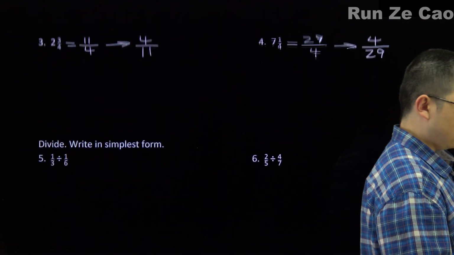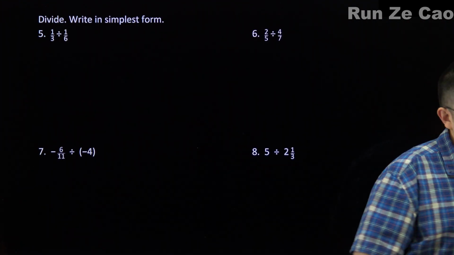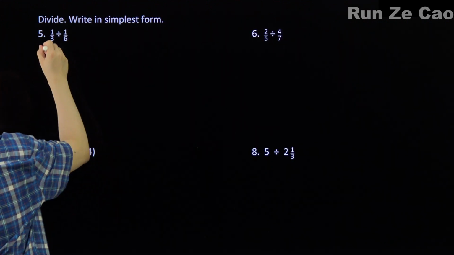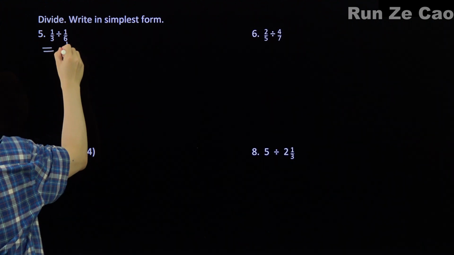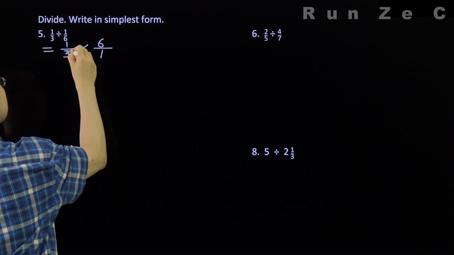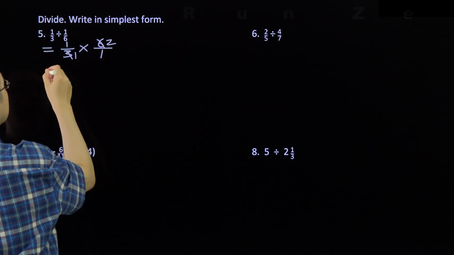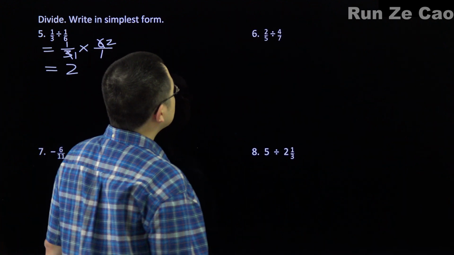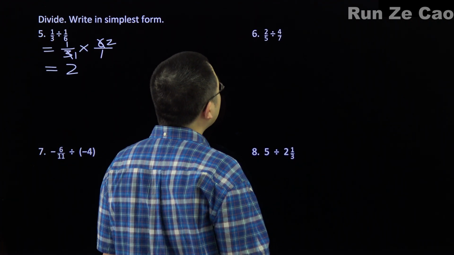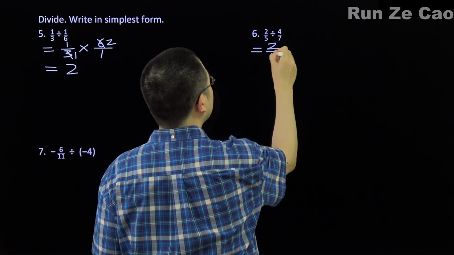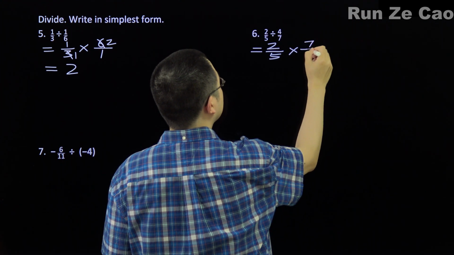Now let's say we divide here, and we write these in the simplest terms. Well, 1/3 divided by 1/6, that's equal to 1/3 times 6/1. Well, you cancel that, and equals 2. So, 2/5 divided by 4/7 equals 2/5 times 7/4.